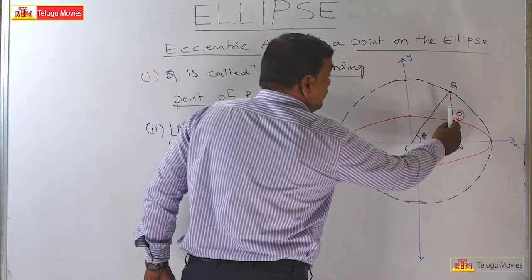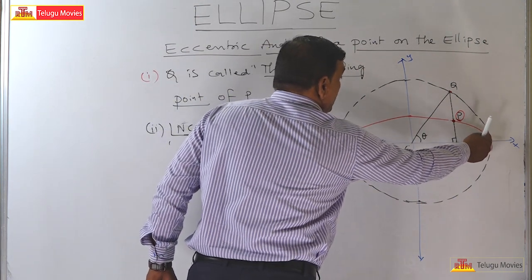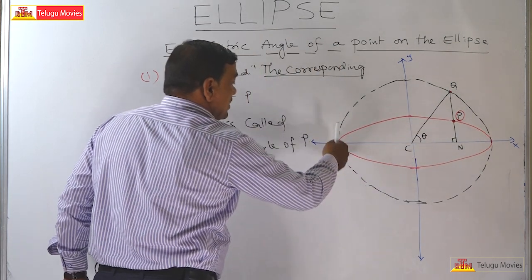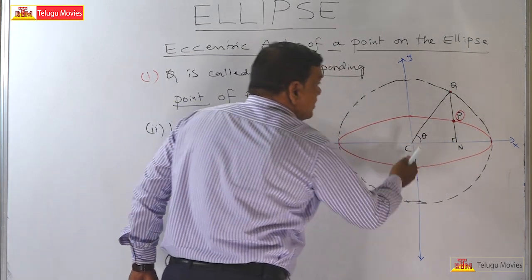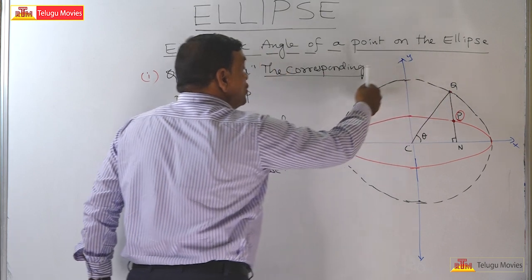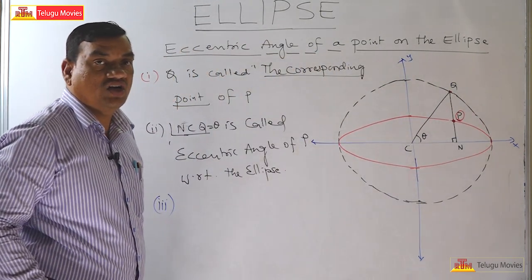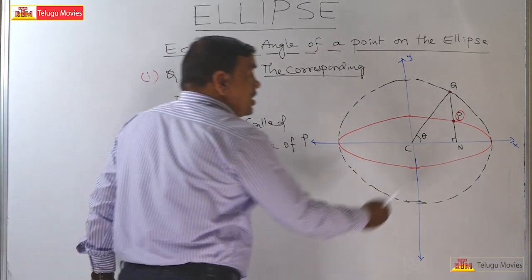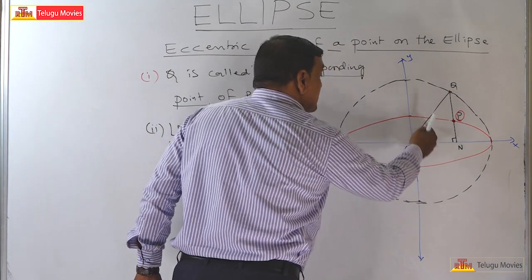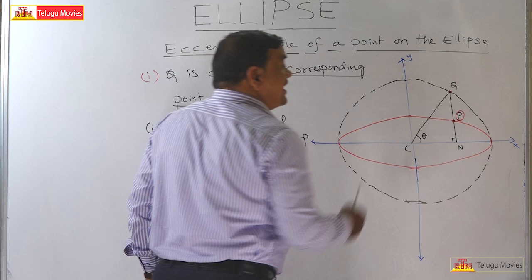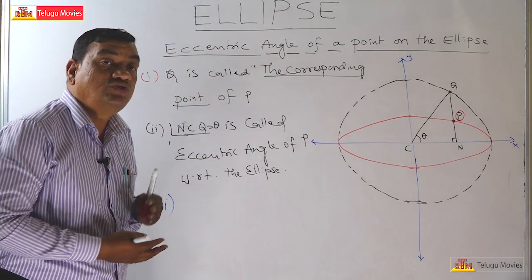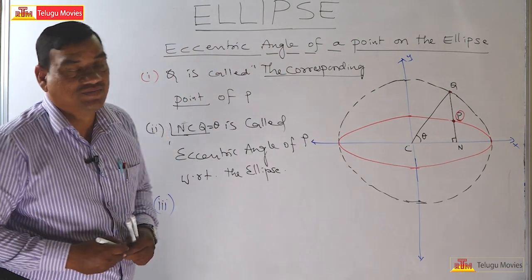If P moves in an anti-clockwise direction on the ellipse, Q also moves on the auxiliary circle in an anti-clockwise direction. According to that, theta takes angles from 0 to 360 degrees.